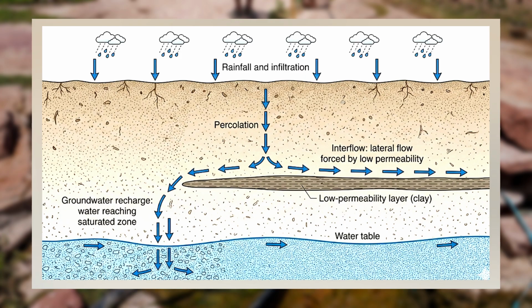Think of percolation as the downward journey of water under the influence of gravity. As the water percolates down through the unsaturated zone, that is the area above the water table where pores contain both air and water, it travels vertically. This journey continues until one of two things happens. First is groundwater recharge, which is the process by which water moves downward from the surface of the earth to enter the saturated zone of an aquifer.